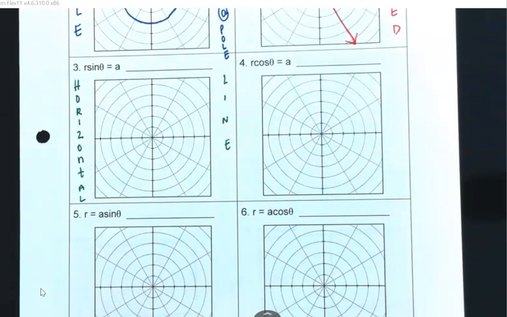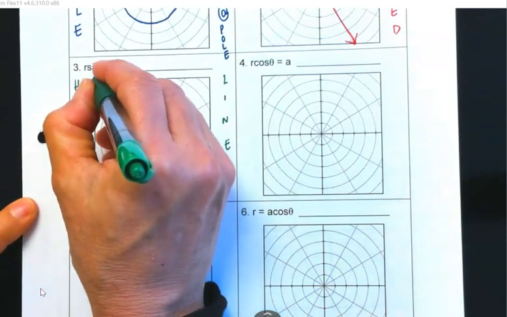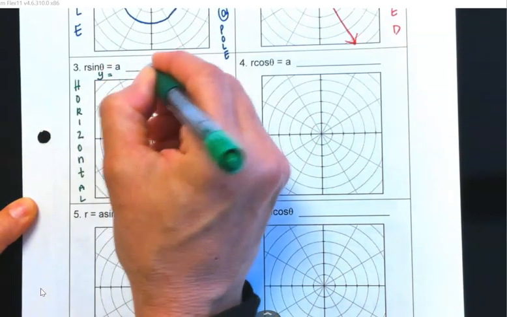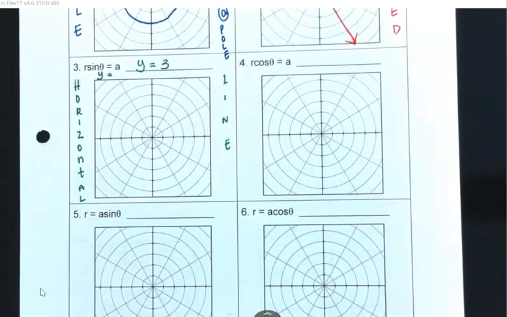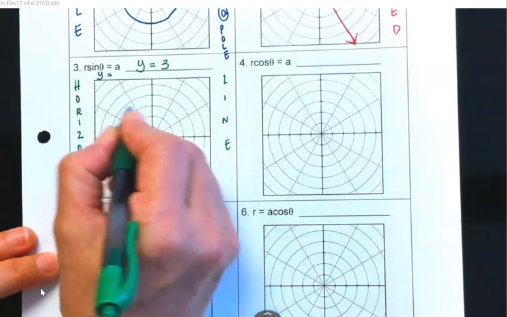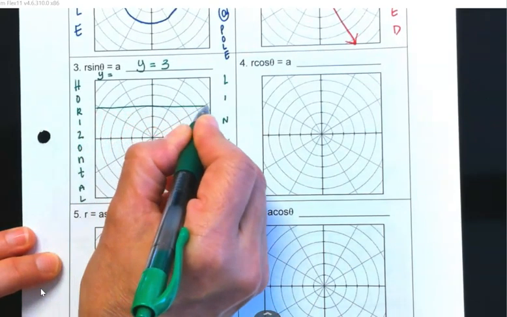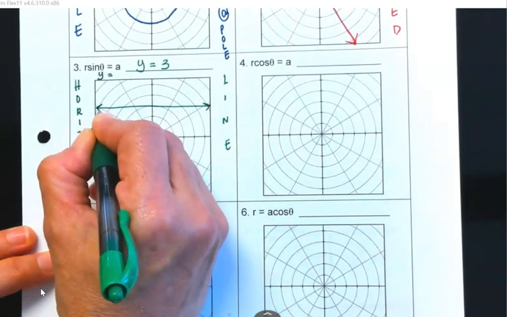Our r sine theta is the same exact thing as the letter y. These are the exact same thing. It doesn't change from one page to the next. So this is the same thing as y equals. So if I have y equals 3, we're literally just going to draw a horizontal line 3 places above the pole. So 1, 2, 3, just like that.